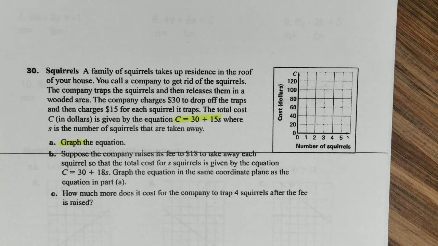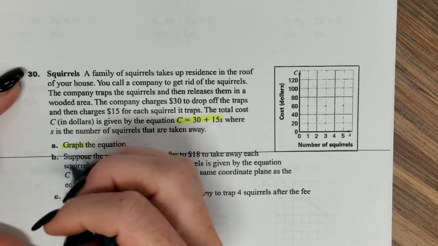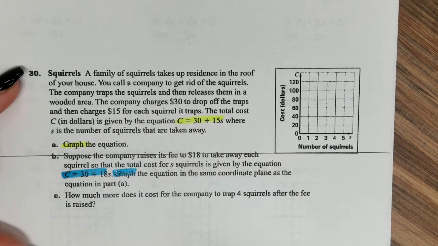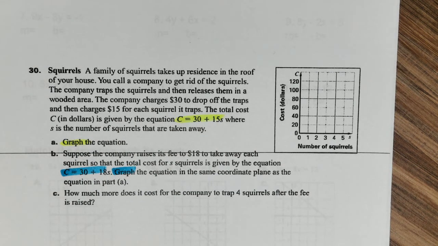That means the equation has now changed and they even gave it to you. This is the equation and they want you to do what to it? And then C says, how much more does it cost for the company to trap 4 squirrels? You can either plug 4 in for S and then just subtract. If the graph is good, you could use the graph. It's up to you. All right, get busy.